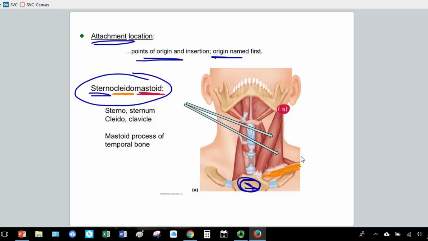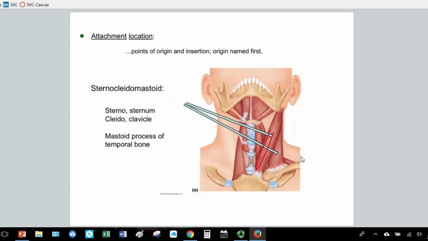So why is it called the sternocleidomastoid? That's because the origins for this muscle are on the sternum and on the clavicle. And you can see that here. This is the sternocleidomastoid there, the origin on the sternum and on the clavicle. And then its insertion is on the mastoid process right there. So when this muscle contracts, again, the origin remains stationary and the insertion moves, so this causes lateral flexion of the neck.